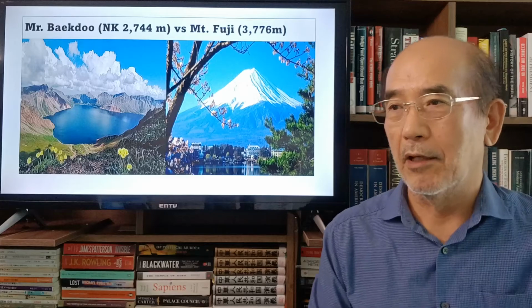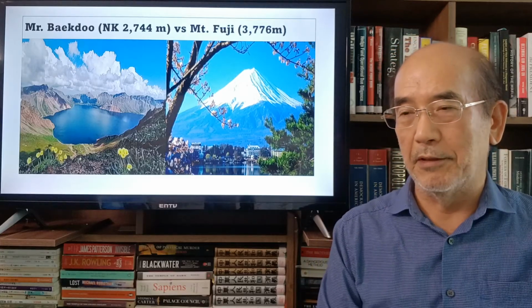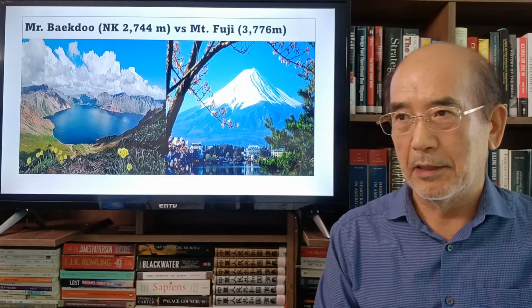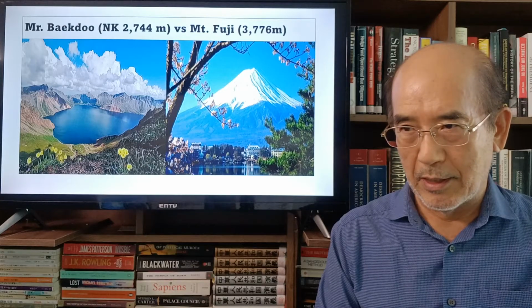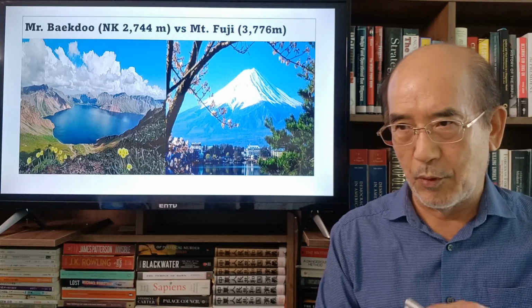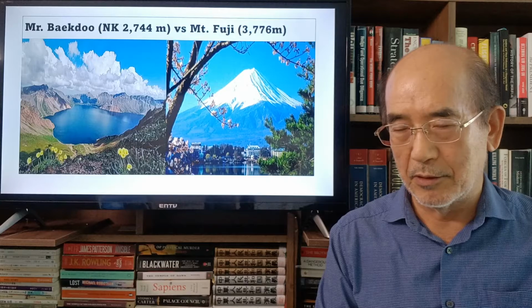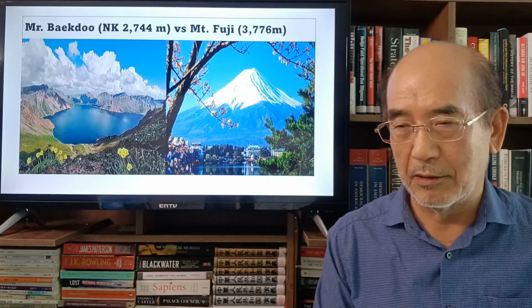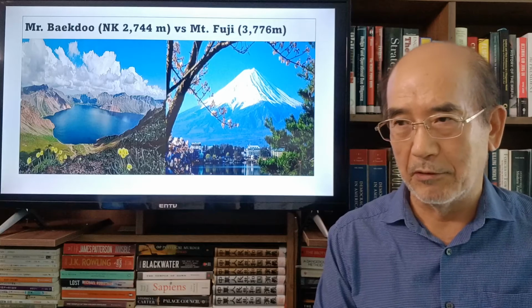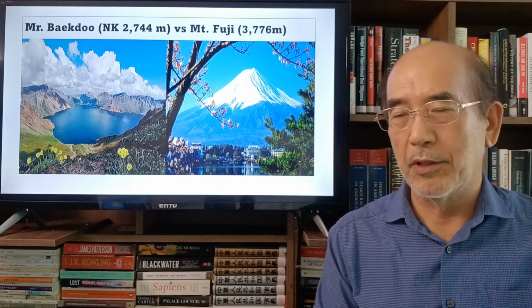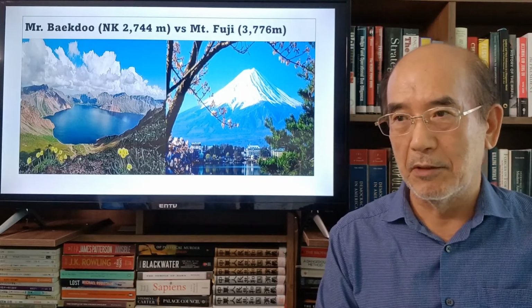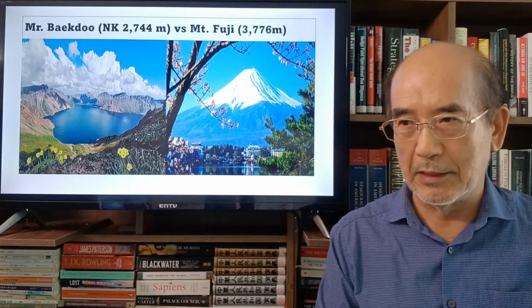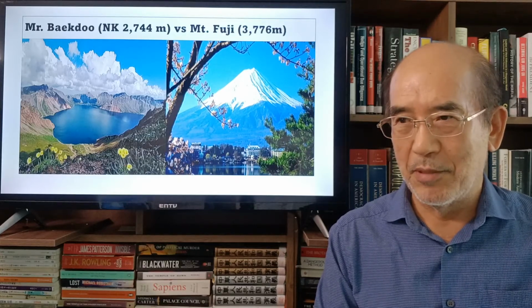So this, on the left side is Baekdu Mountain, the highest mountain in North Korea. This actually is at the border with China. So China also claims territoriality over this mountain, but Koreans believe that this is really a sacred mountain of the Korean Peninsula.